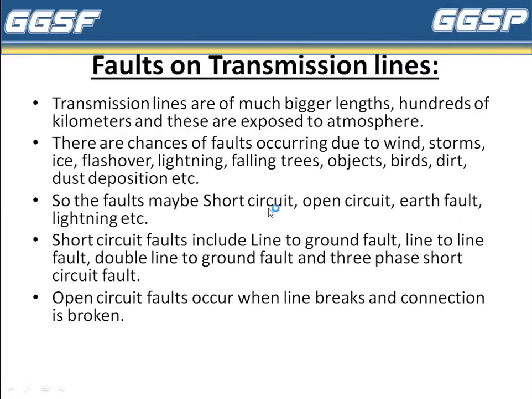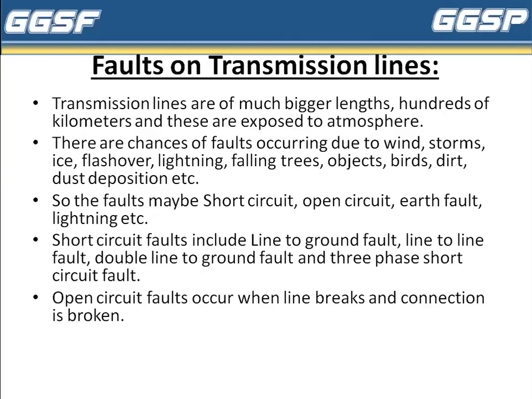Faults of transmission line. Faults occurring on transmission lines are given below. Transmission lines are of much bigger lengths, hundreds of kilometers, and these are exposed to atmosphere. So there are chances of faults occurring due to wind, storms, ice, flashovers, lightning, falling trees, objects, birds, dirt, dust deposition, etc. So the faults may be short circuit fault, open circuit fault, earth fault, or lightning fault.